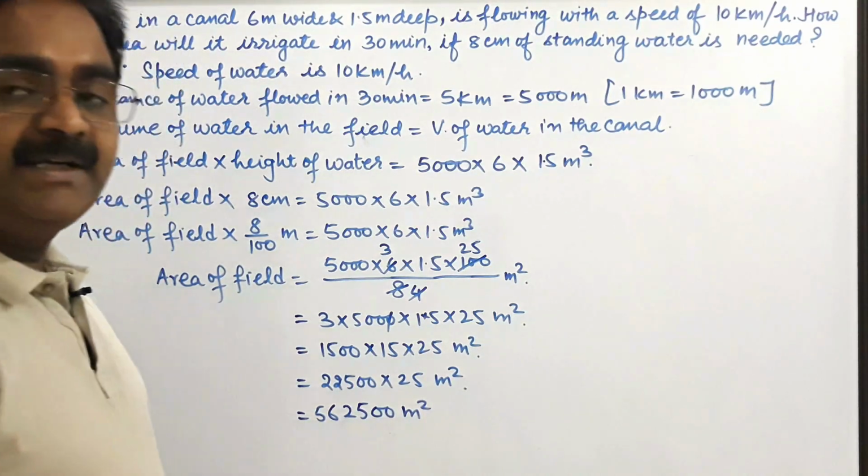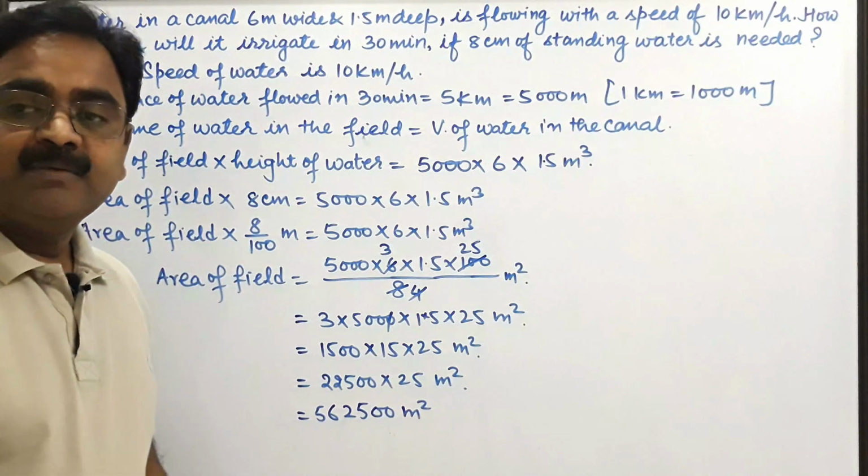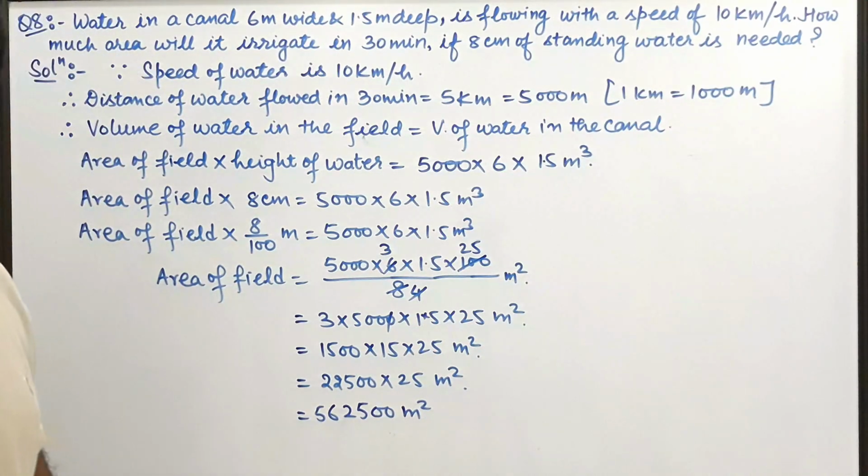Now as we know that 1 hectare is equals to 10,000 meters square.